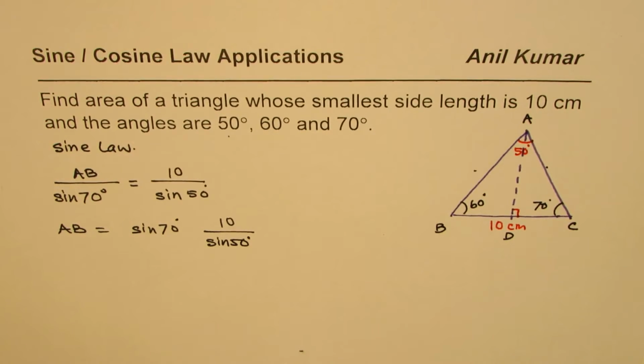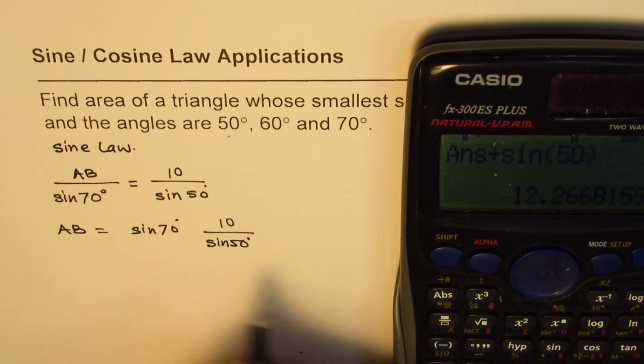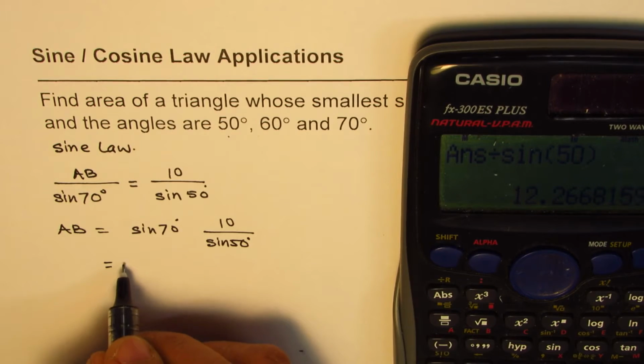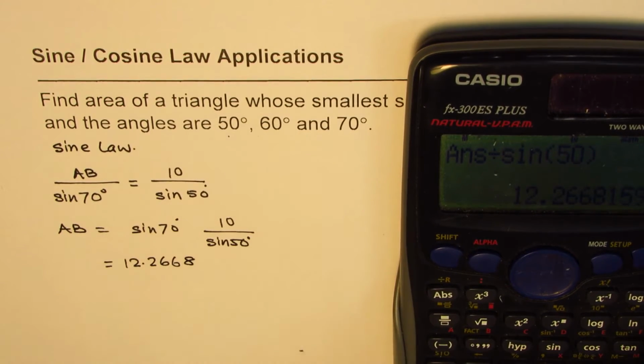We can use the calculator to calculate this out. Let's do 10 times sine of 70 degrees divided by sine of 50 degrees. That gives an answer of 12.2668.